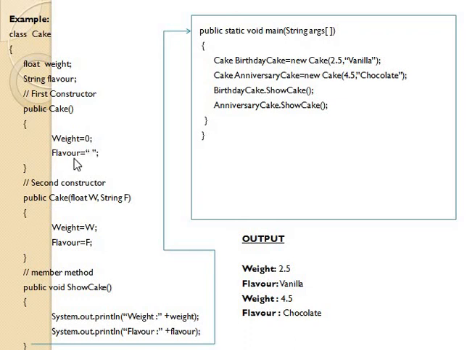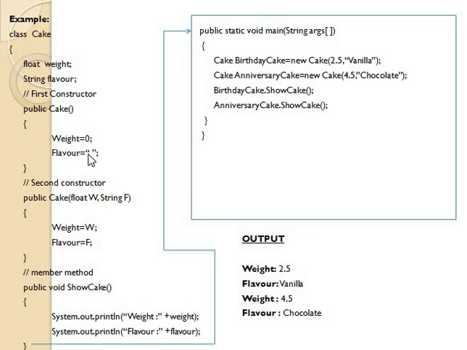So this is how the initialization takes place in the first constructor and in the second constructor. In the second constructor, the initialization comes from the arguments, which are then assigned to the data members. But in the first constructor, since there are no arguments, certain values such as 0 are assigned to the first data member weight, and a space is assigned to the second data member called flavor.